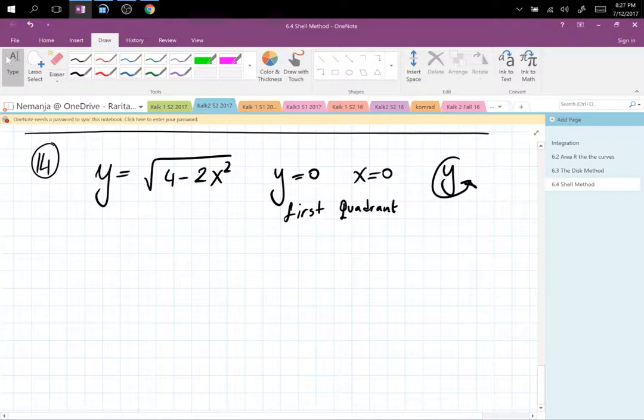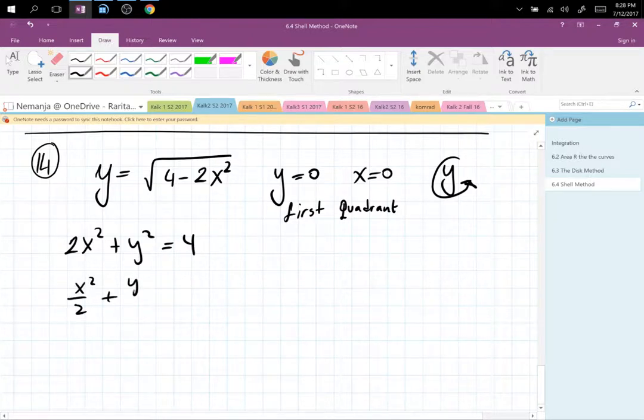So when you move the square root to the other side, it becomes a square on y. So this is 2x squared plus y squared equals 4. You divide everywhere by 4 to get 1, and you get x squared over 2 plus y squared over 4 is equal to 1.